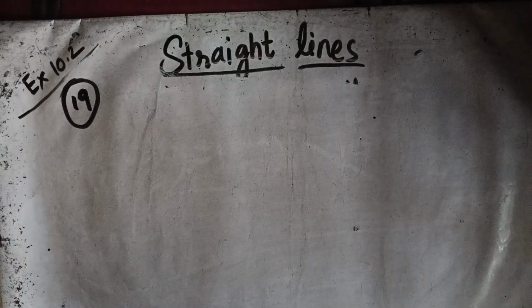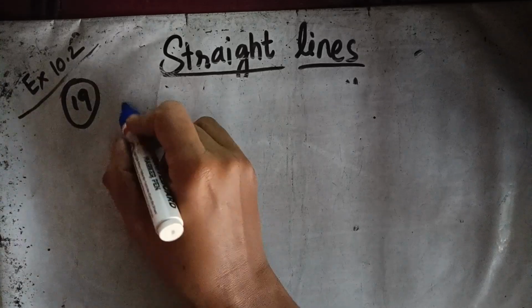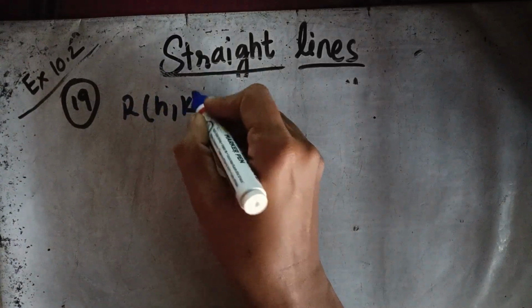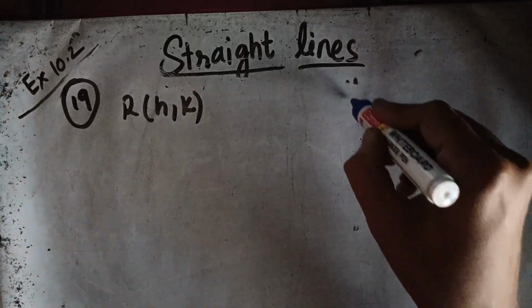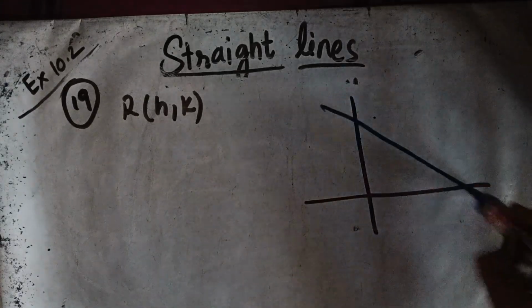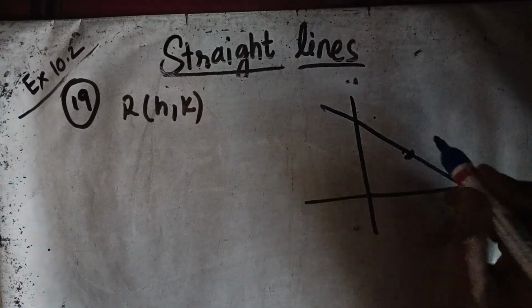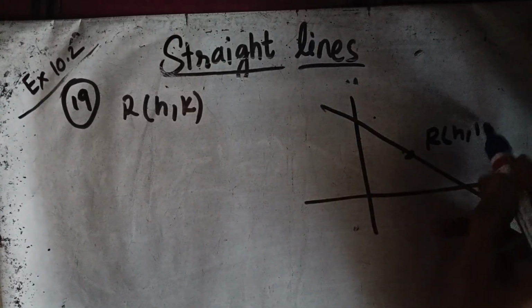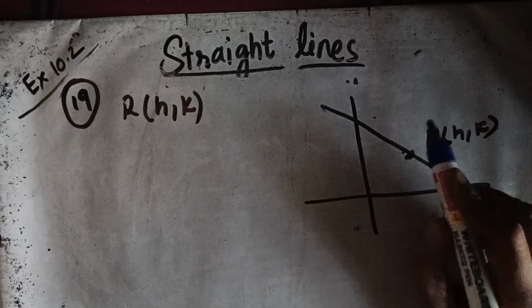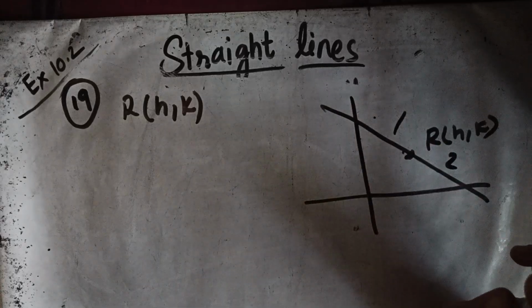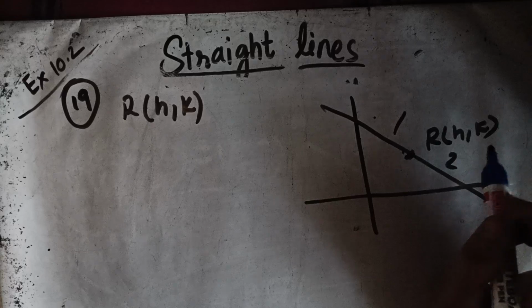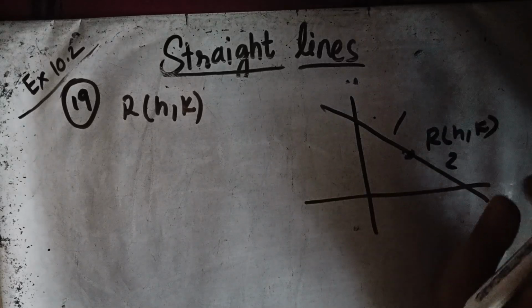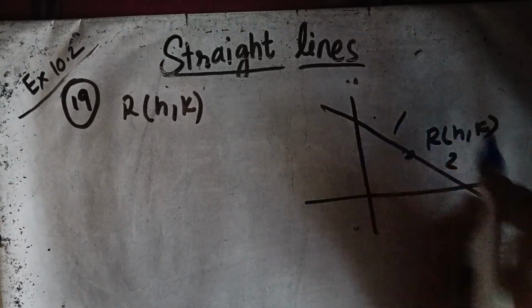Next question. Point P(h, k) divides a line segment between the axes in the ratio 1:2. Find the equation of the line. So there is a point which is (h, k). It is dividing in the ratio 1:2. So to find the equation of the line, we can use intercept form or we can use 2-point form.